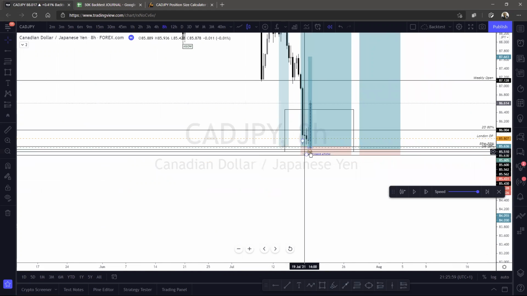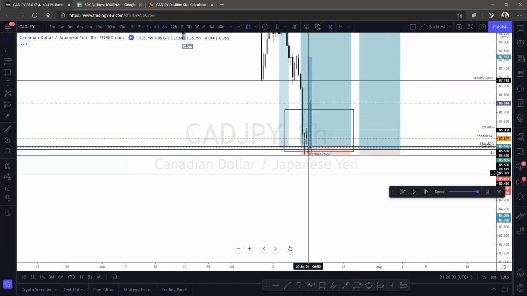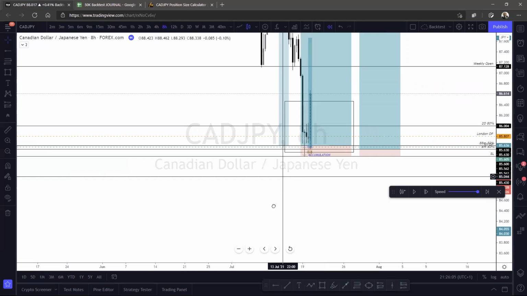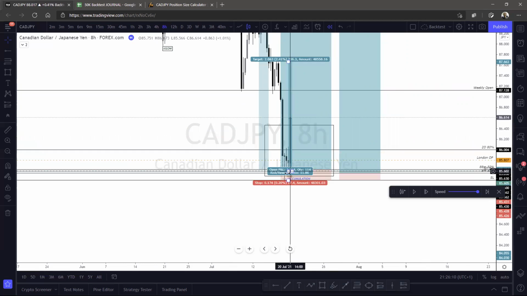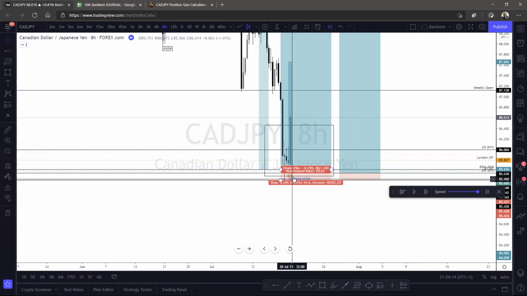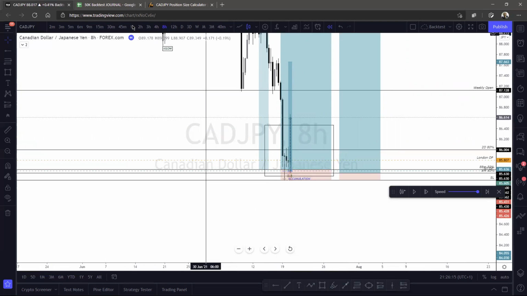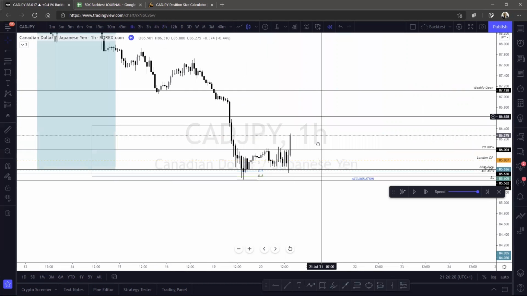And this one here, 48. Okay, well, for the sake of backtesting, I'm going to let it through. Depending on brokers' manipulation, this may have been a stop loss hit. But for now, we'll just leave it.